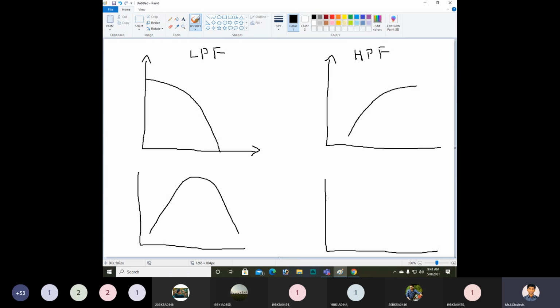Next, band reject filter or band stop filter.